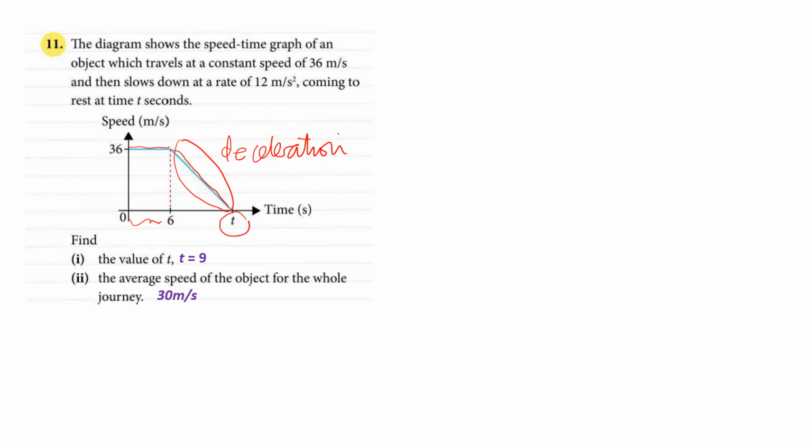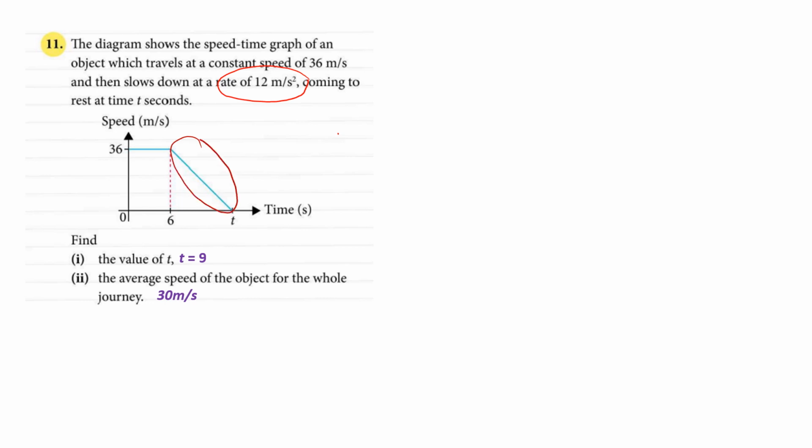We have to make use of this 12 meters per second squared. That is your deceleration rate, and that is the gradient of this line here. So let's find the gradient of the line.